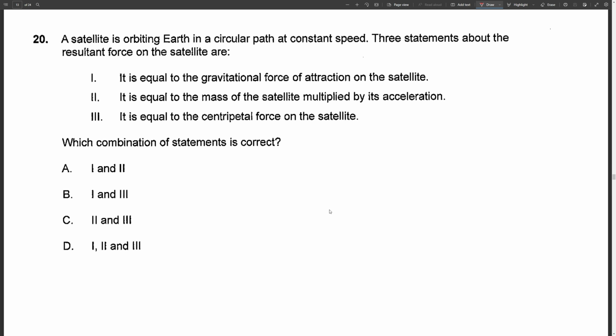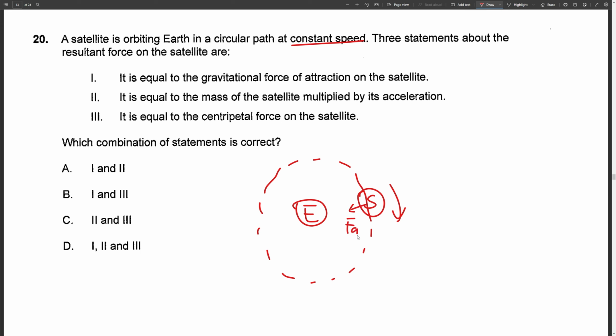In question 20, we have a satellite orbiting the Earth. So we have Earth in the center, and then orbiting around it, there is a satellite. And this satellite is moving at a constant speed, which means right now there is a gravitational force pointing towards the center.